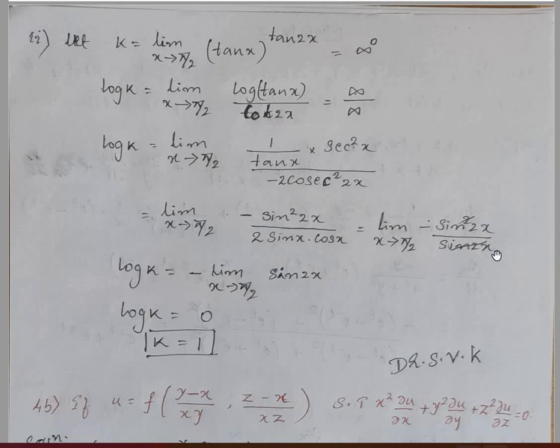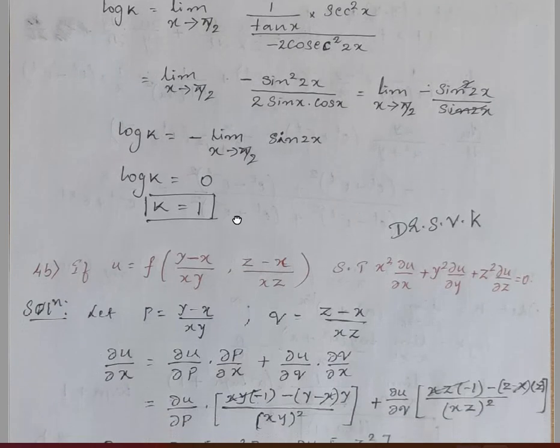So one term of sin 2x gets cancelled. You are left with minus limit as x tends to pi by 2 of sin 2x. As x tends to pi by 2, the value of sin pi is 0. Therefore, raising by e on both sides, k value is equal to 1. K equal to 1. Now moving on to question number B.